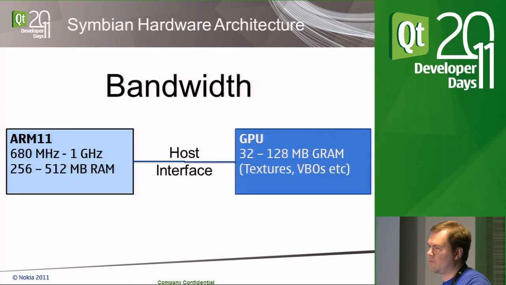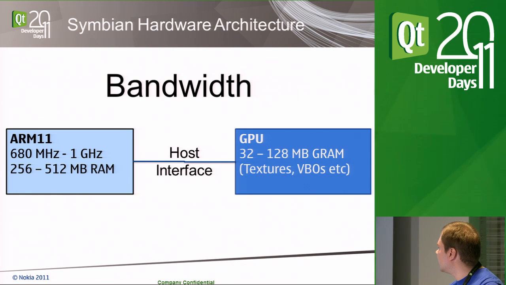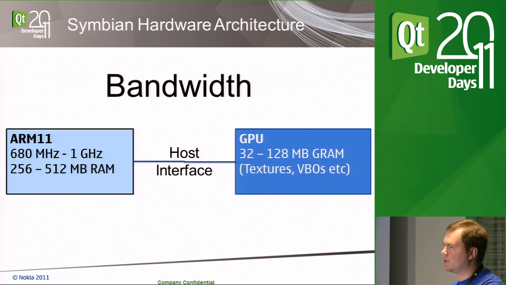First is the bandwidth. Of course, it's like downloading a movie from the internet. If you have more bandwidth, let's say 1 gigabit versus 10 megabits, definitely you will get your stuff faster. And here I think it's around 40 megabytes per second, the bandwidth between these 2 chips.